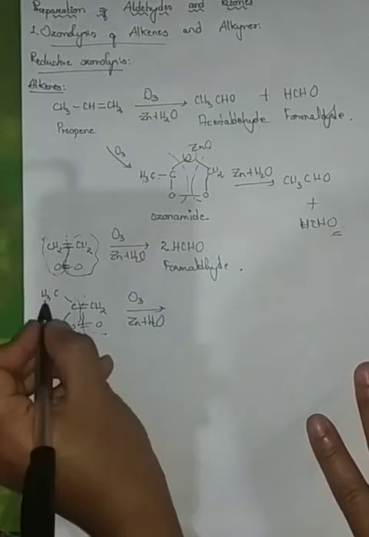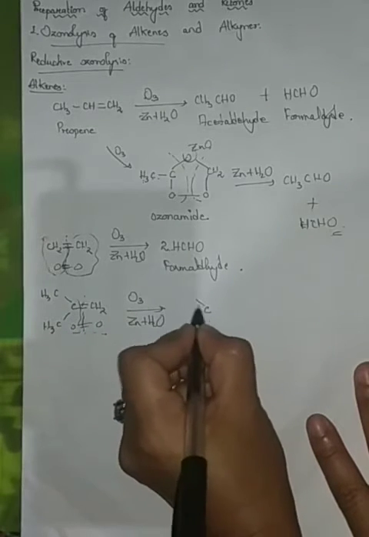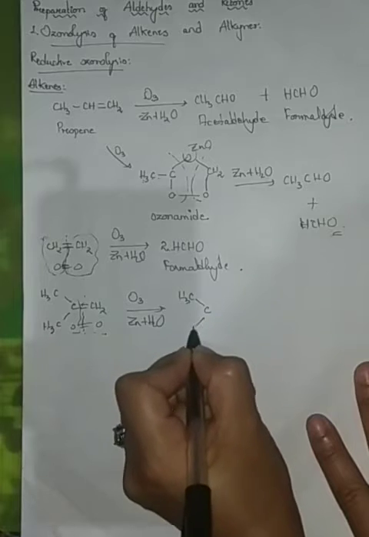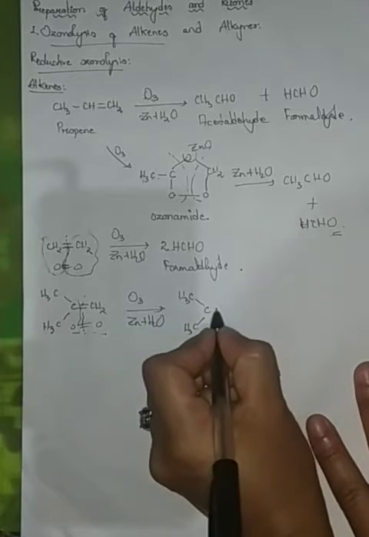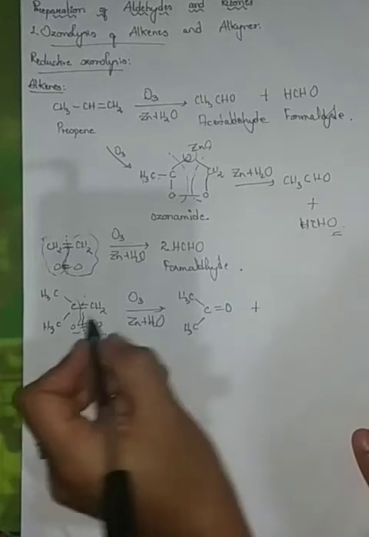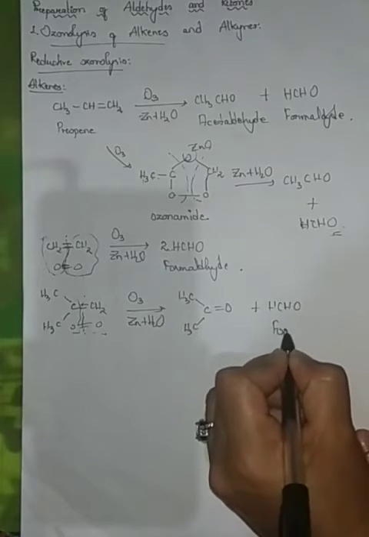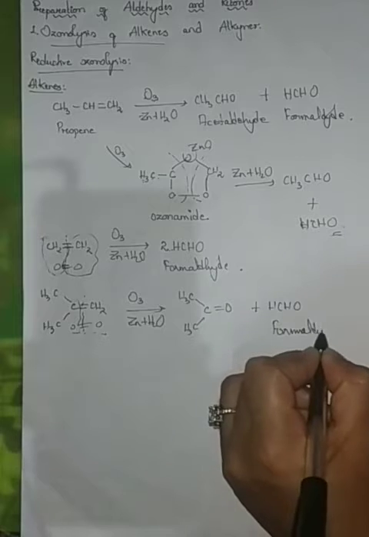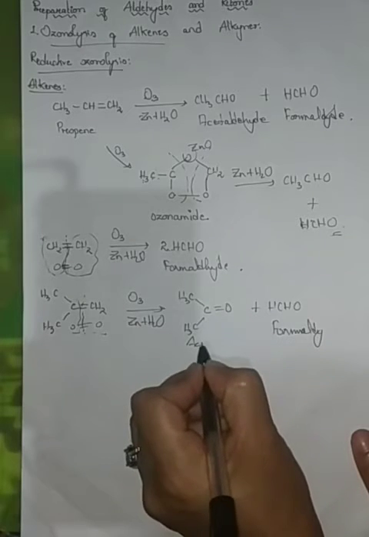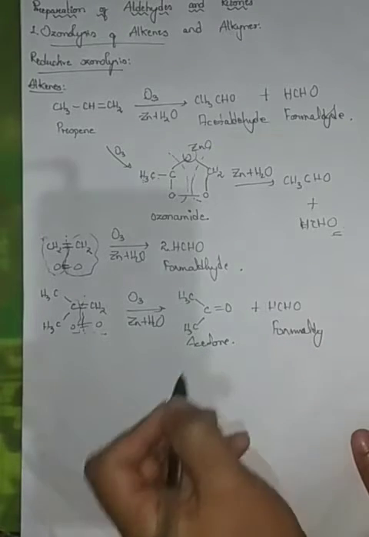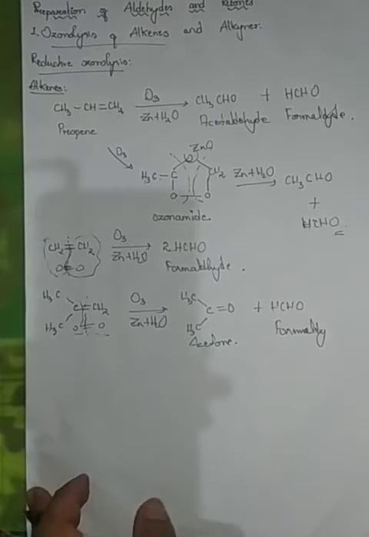Therefore we will be getting, for this part, CH3 CH3 with the double bond oxygen attached here, plus for this part HCHO, formaldehyde. This one is known as acetone, a ketone, and it is formed in this process.